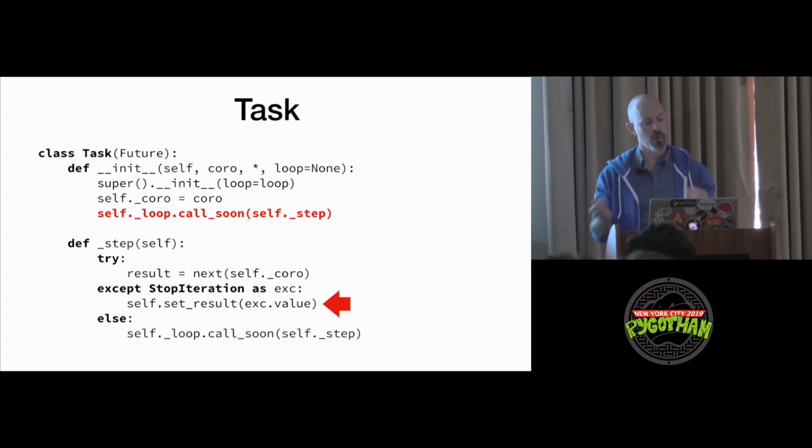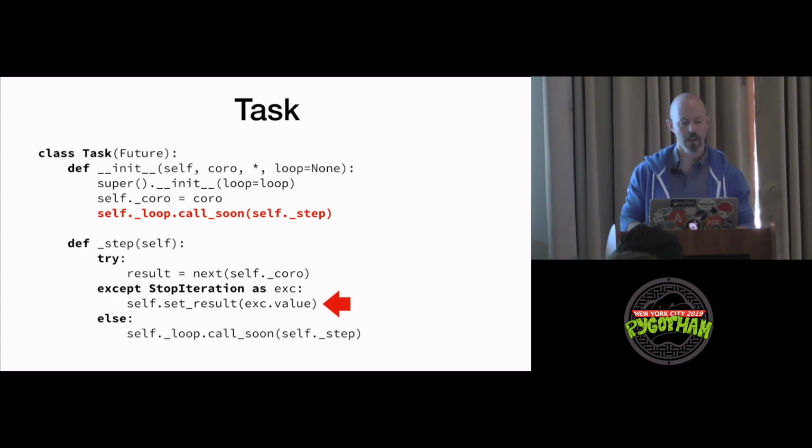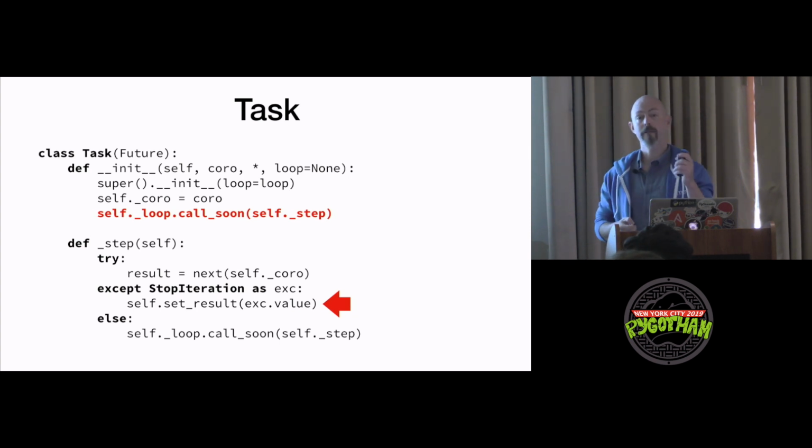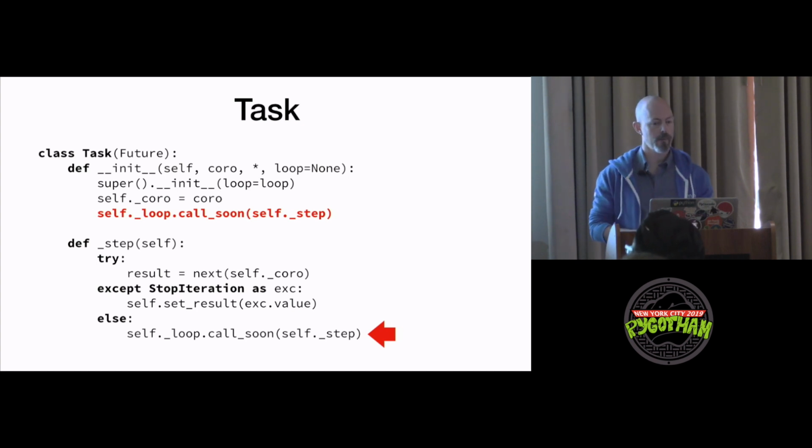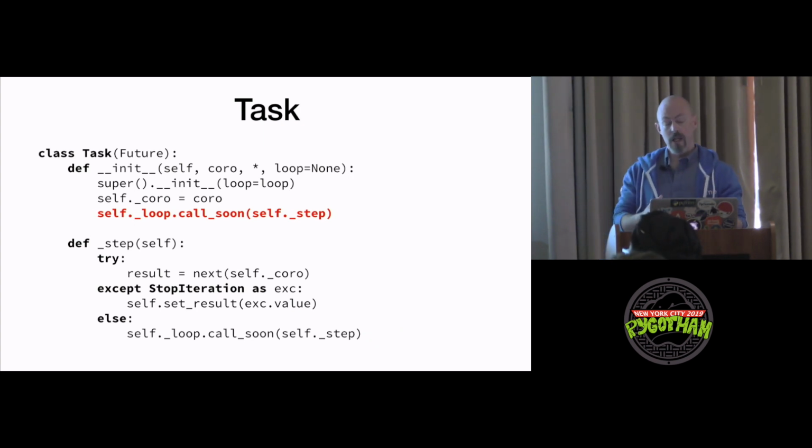So we've got this callback that's just a wrapper around a coroutine that can schedule itself in a loop. However, if the coroutine that we're wrapping hasn't finished, then we want to continue to call next on it, which means we need to schedule it for the next run through the event loop. So we just run this line again, like we did in the initializer. And that's it. That's basically what we need to map coroutines to callbacks.